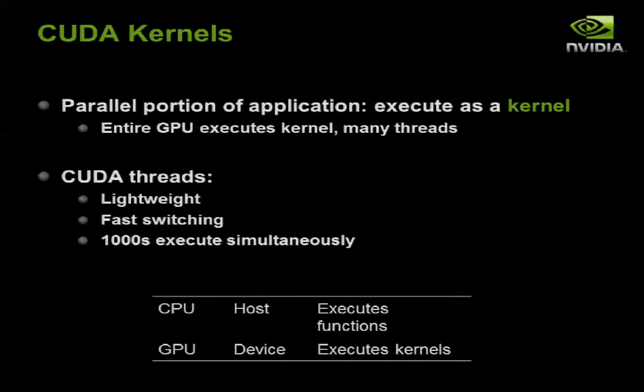The GPU executes one or a few kernels with many, many threads. So a thread is an instance of a kernel running on the GPU. Now these threads are not the same as the heavyweight POSIX threads that you have on the CPU, but are basically just individual lanes in a vector instruction that are being executed.